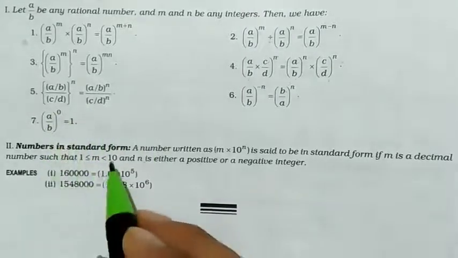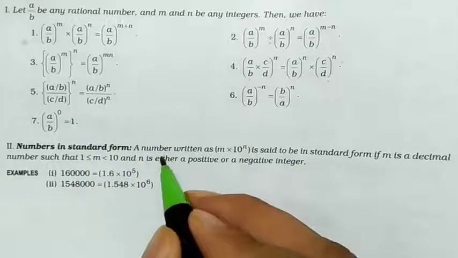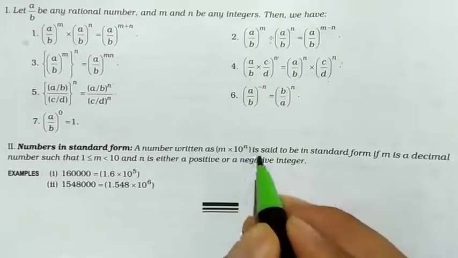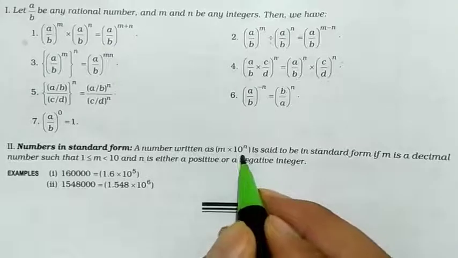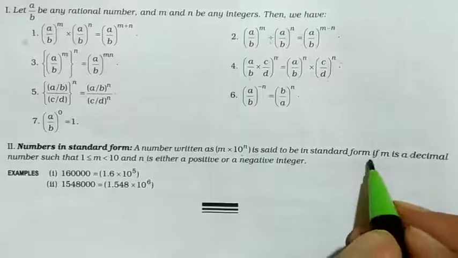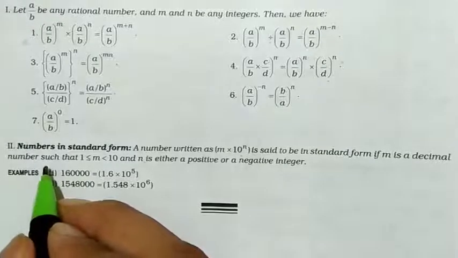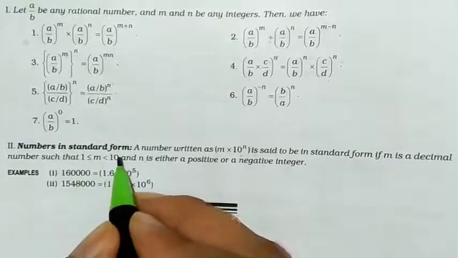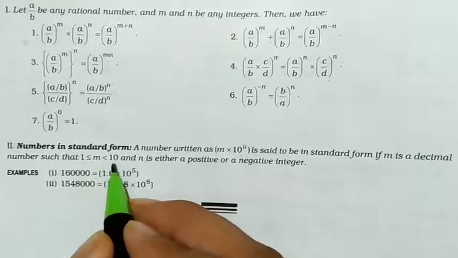Now numbers in standard form. How do we write any number in standard form? The number written as m multiplied by 10 power n is said to be in standard form if m is a decimal number such that m lies between 1 and 10. Means it can be greater than or equal to 1, but it should be less than 10.